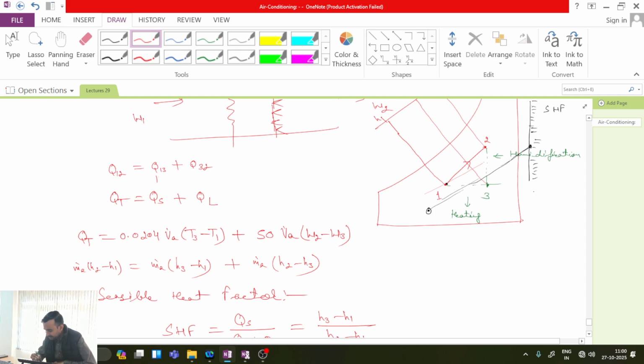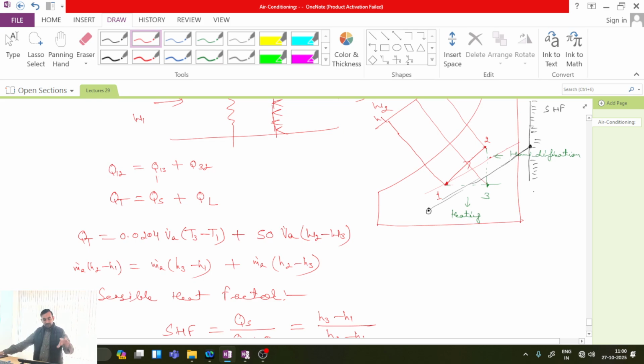Now when I take a horizontal line for the final temperature which is given, based on that I can determine the final state. How it is done, we will practice with the help of numerical problems.